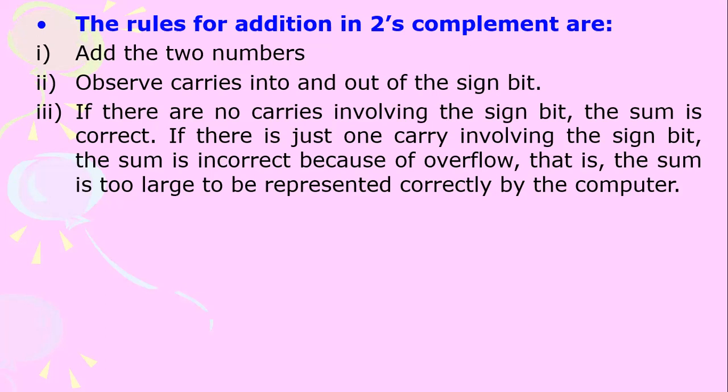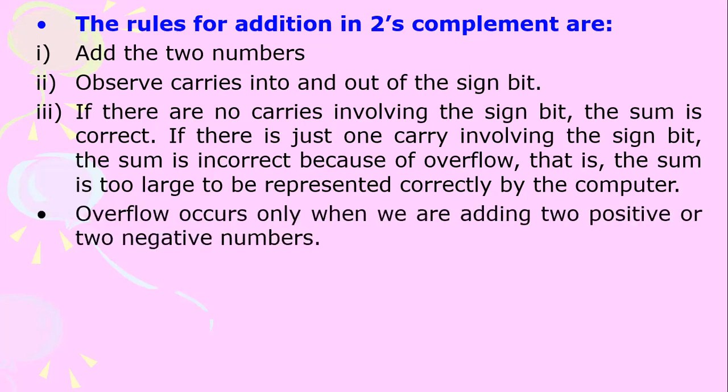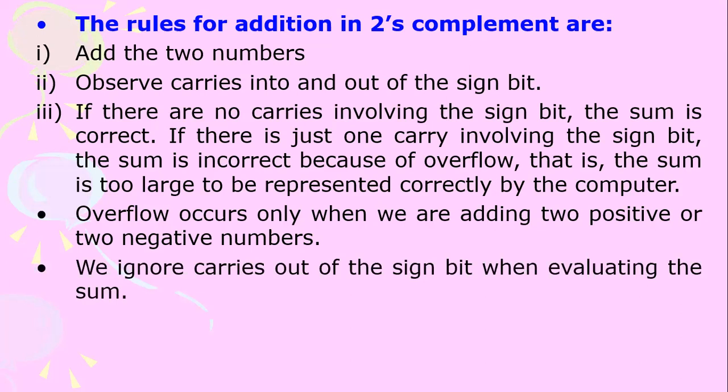If there is just one carry involving the sign bit, the sum is incorrect because of overflow. That is, the sum is too large to be represented correctly by the computer. Overflow occurs only when we are adding two positive or two negative numbers. So we ignore the carries out of the sign bit when evaluating the sum.